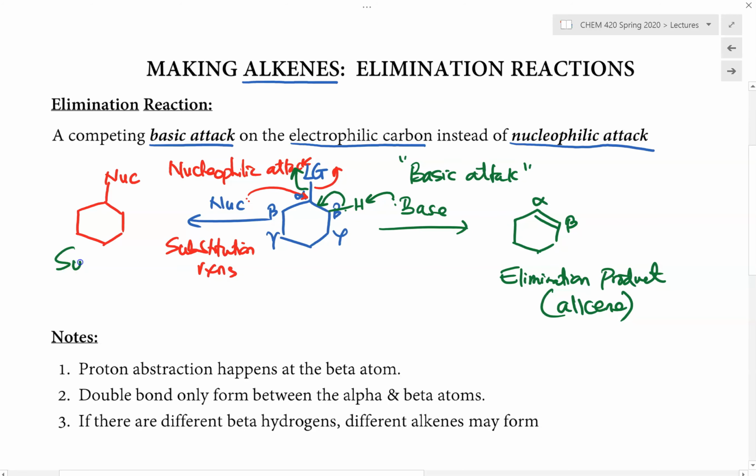Versus over here, this is the substitution product. And in this case, this reaction is called an elimination reaction. And again, elimination reaction refers to the reaction where the reagent is acting as a base and doing a basic attack on the electrophilic carbon.